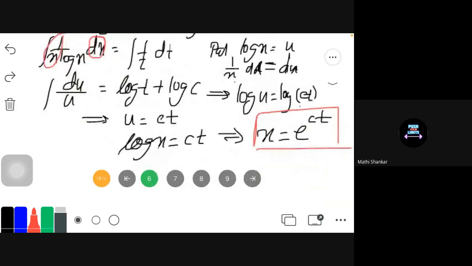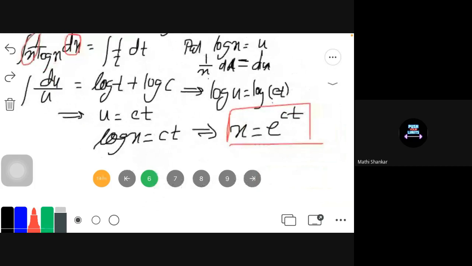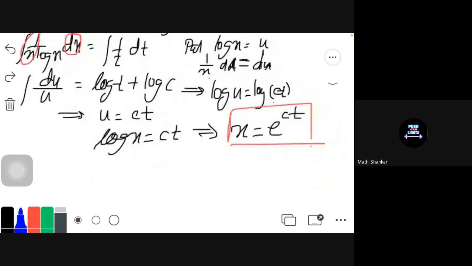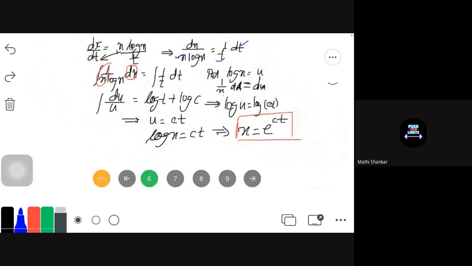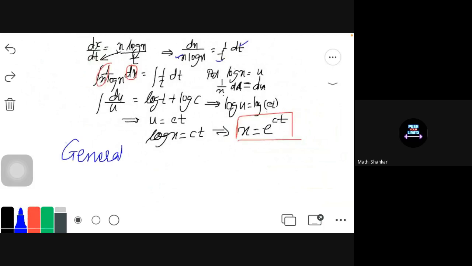Okay. Now try to understand this. We have solved two equations up till now. So the answers we have got are called general solutions, because we have not found out the value of C in the previous numerical also.